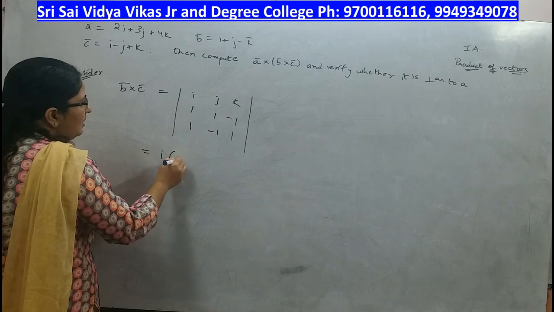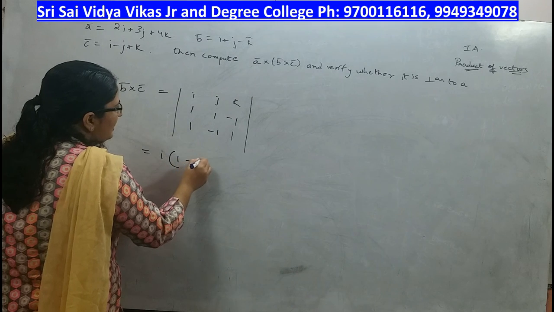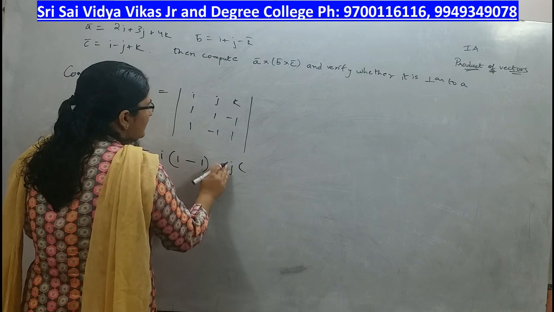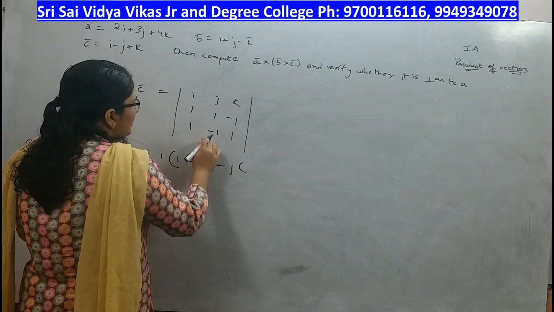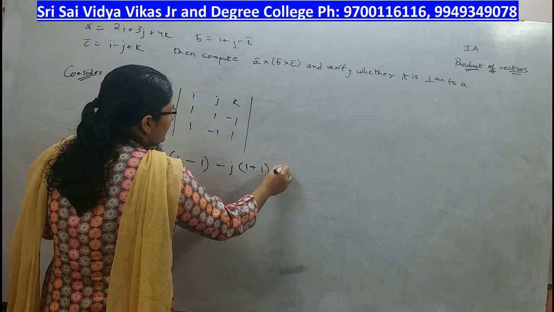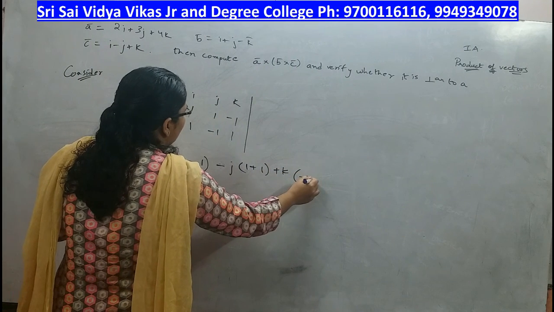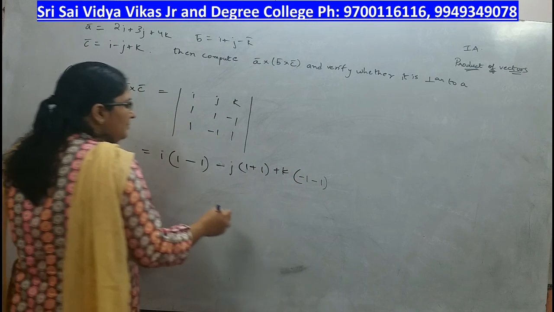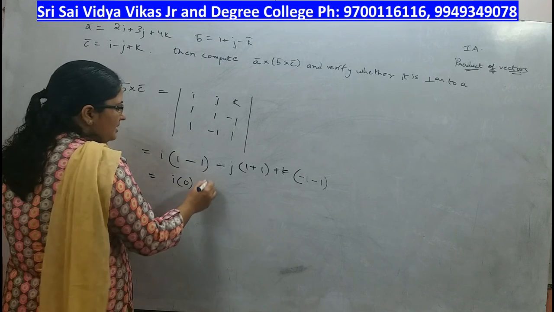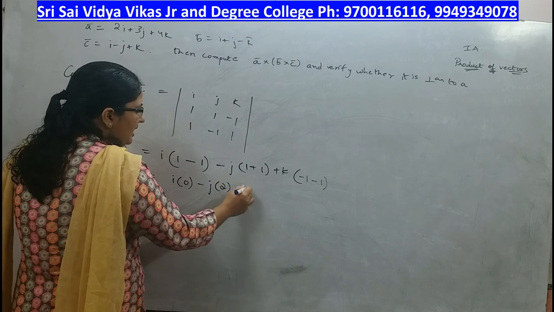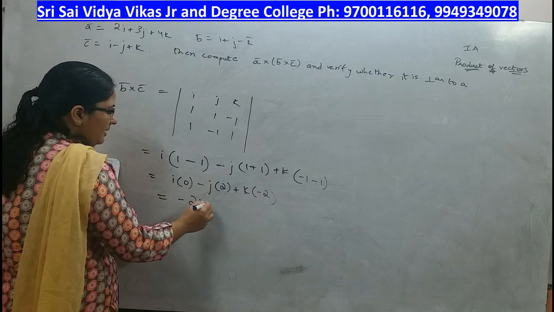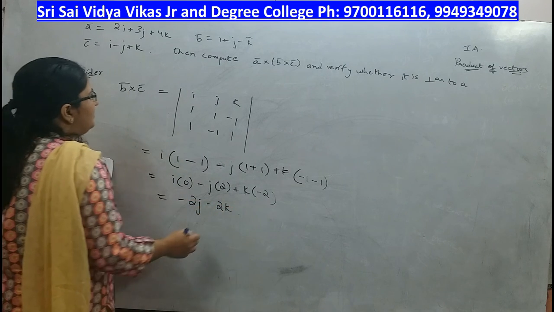I into 1 minus 1, plus j, minus j into 1 plus 1, plus k into minus 1 minus 1. So this is i into 0 minus j into 2 plus k into minus 2. So this is nothing but minus 2j minus 2k.